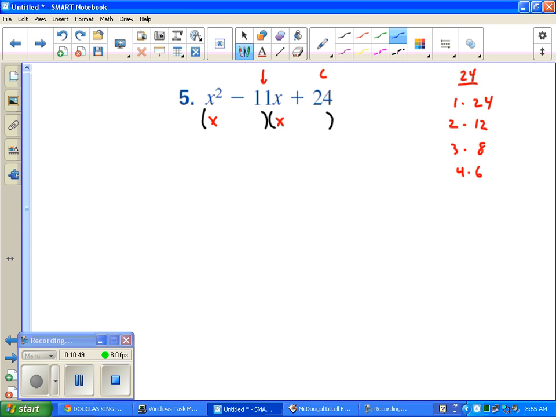So 1 and 24 are either going to give us the number 25 or 23, so it's not that one. 2 and 12 is either going to give us 14 or it's going to give us 10. Not that one. We're looking for 11. 3 and 8 is either going to give us 11 or 5. That's a possible one. And 4 and 6 is either going to give us 10 or it's going to give us 2, not 11. So the only numbers that work are 3 and 8.